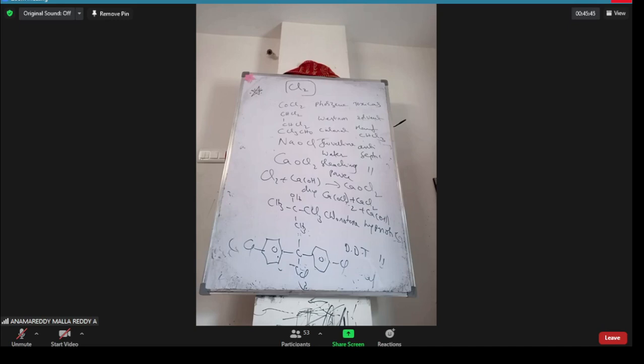Once you call for 1 month any person, they will spray this water in your home. Automatically, your entire home will be sterilized. If you call any municipal person, they will come and spray in your home. That is sodium hypochlorite. Understood?